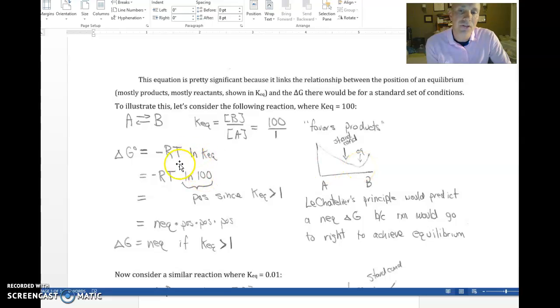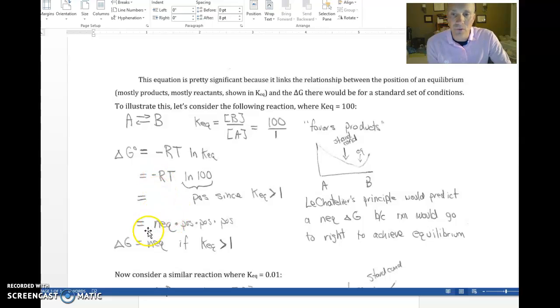So let's do it mathematically. If we took this expression right here and plugged in 100 for your ln, one thing about the ln of a number that's greater than 1 is that the natural log of it is going to be positive. I'm not going to plug in actual numbers here. I'm just going to evaluate what the signs of these things are so that we can see what it means.